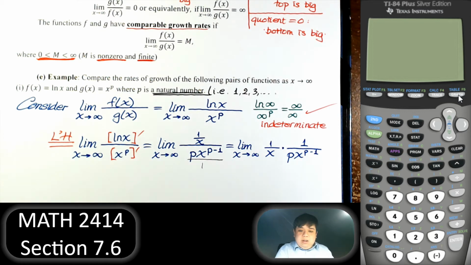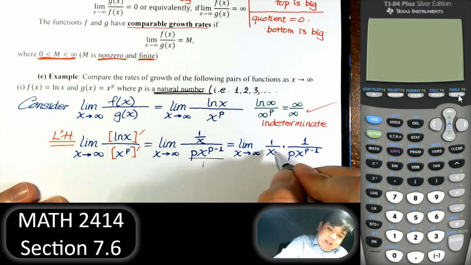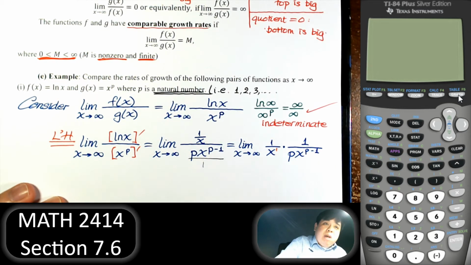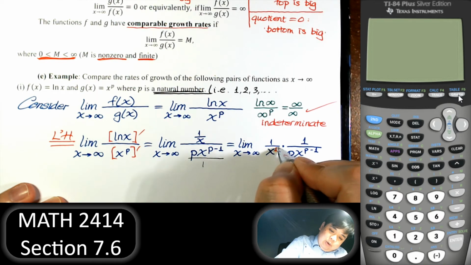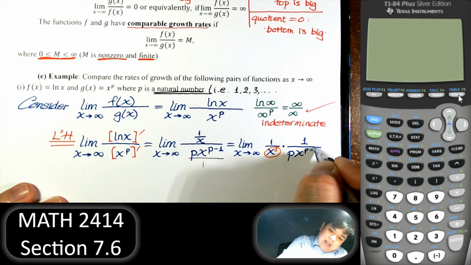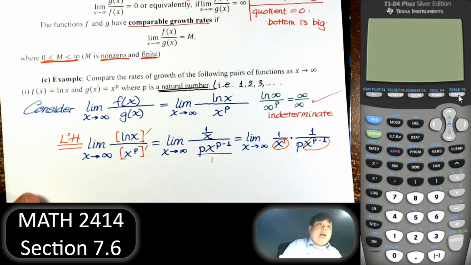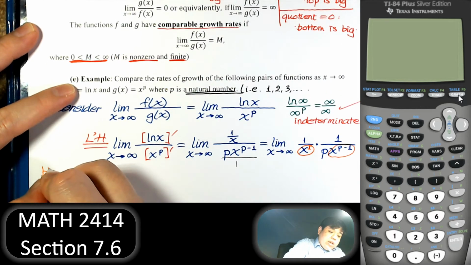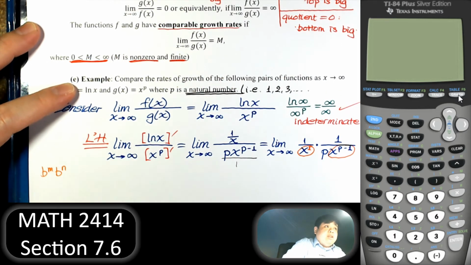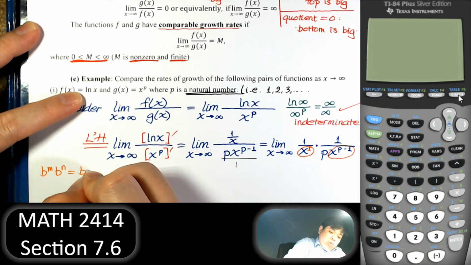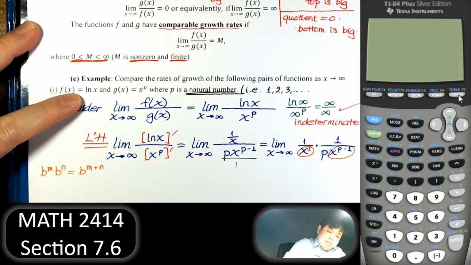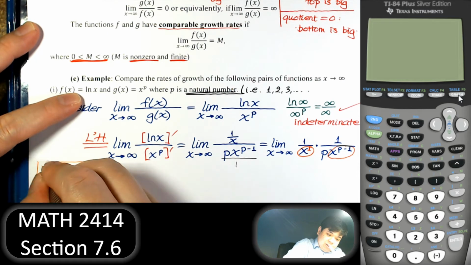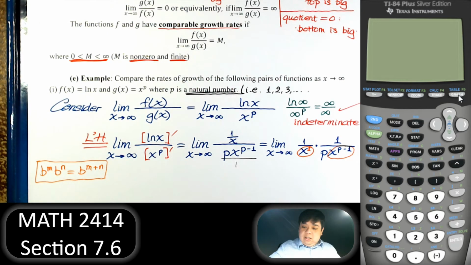Now what we have here is x, let's say to the first power by default. So now we have x to the first, and then x to the p minus 1. What happens when we multiply two things that have the same base? We just add the exponents. That's exactly what we do here.